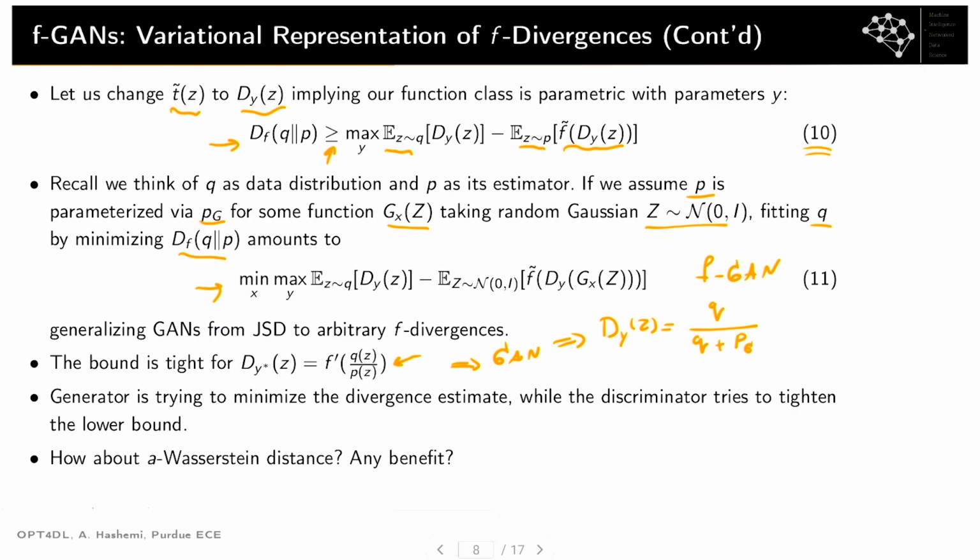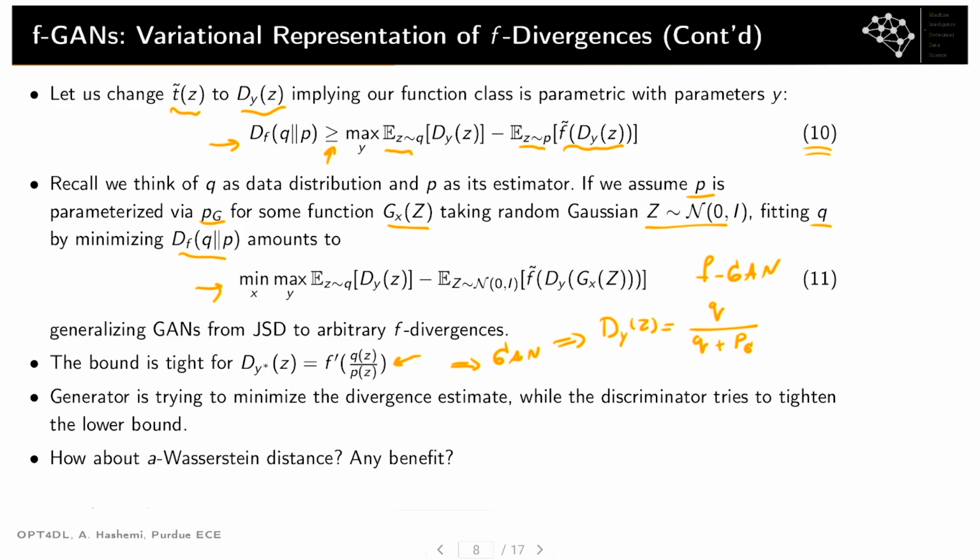Okay. All right. So this again is a very useful and nice result in the sense that it provides this connection between min-max optimization and minimizing the divergences. It also helps us to generalize the original GAN training from Jensen-Shannon divergence to arbitrary F divergences. Okay.